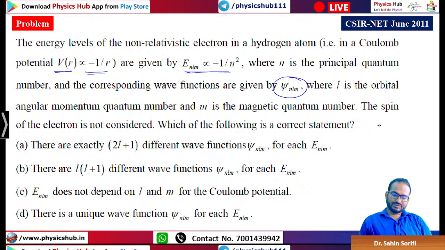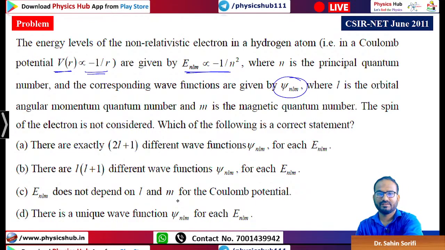There is a unique wave function psi n l m for each E n l m, is it? The hydrogen atom has degeneracy of n square, right? Look, here the question is a little bit critical. You need to have deep understanding.